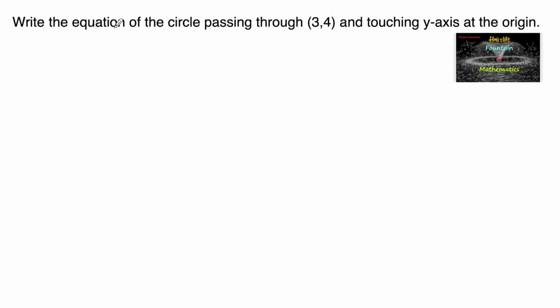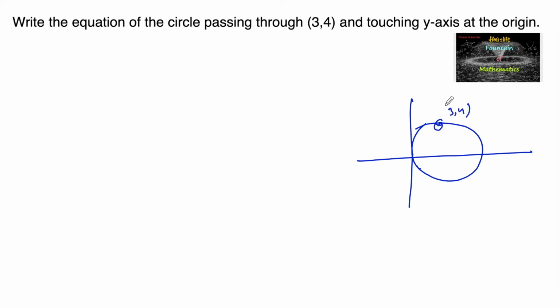Write the equation of the circle passing through 3, 4 and touching the y-axis at the origin. The circle is passing through 3, 4 and touching the y-axis at the origin. Clearly we can say that the origin is one of the points, and also the x-axis and y-axis are both perpendicular.